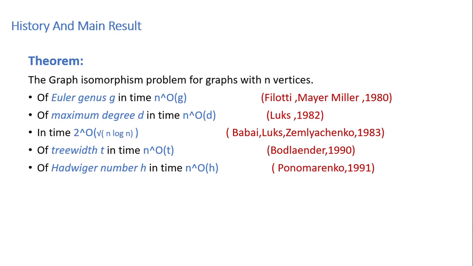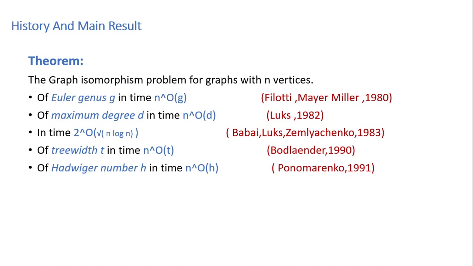So here we discuss the history and the main results of graph isomorphism for graphs with n vertices. One of the first results was given by Filotti and Miller in 1980, who gave time n to the power big O of g, where g is the Euler genus.